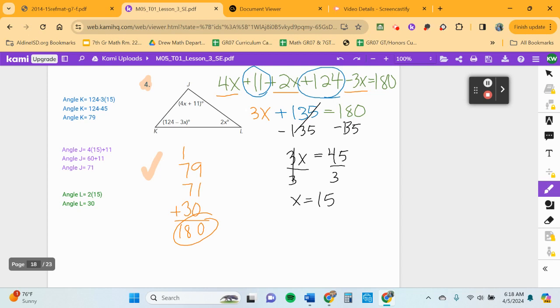When you plug that x back into those expressions, angle K is equal to 79, angle J is equal to 71, and angle L is equal to 30. And then I went another step and checked my work. 79 plus 71 plus 30 should equal 180, and it did, so I know that my measurements are correct.